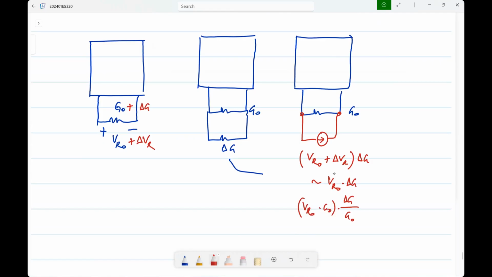So this is the nominal current. You can do it with either a current source or a voltage source. And in any case, delta G by G naught and delta R by R naught are the same thing, right?